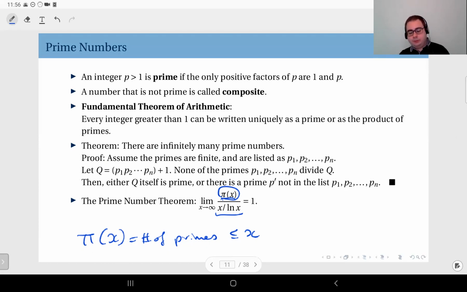So we do not have a closed form expression for pi of x, but we do have an asymptotic result. As x grows, the number of primes starts behaving like the function x divided by ln x.